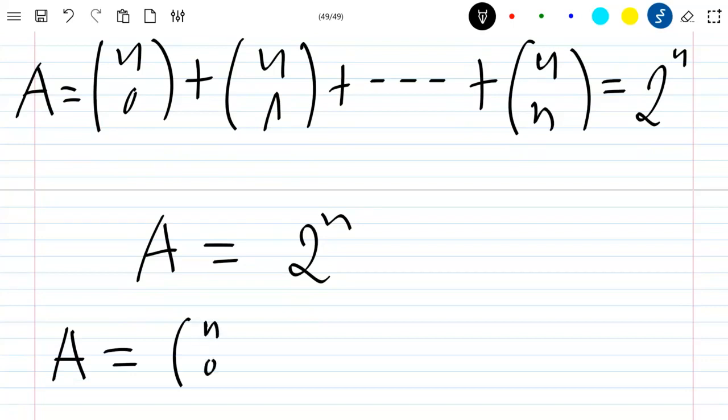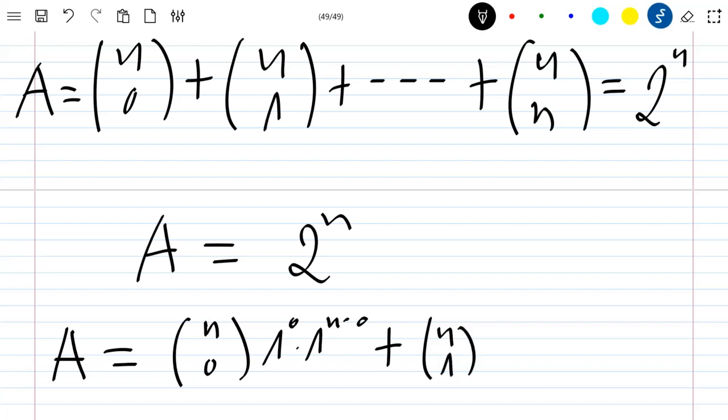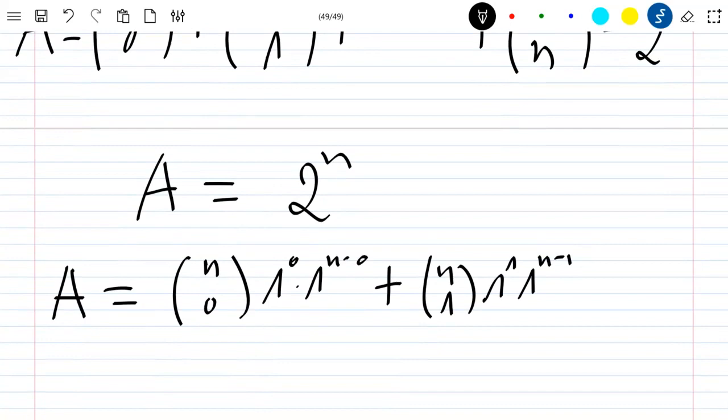So A is again n choose 0 times 1 power 0, which is still 1, times 1 power n minus 0. I can write this because I still have the same coefficient, plus n choose 1 times 1 power 1 times 1 power n minus 1. I didn't change anything.